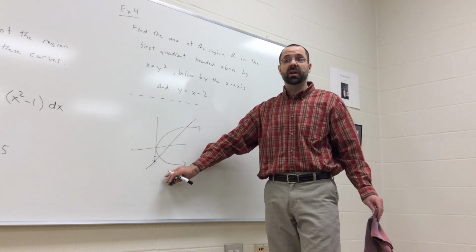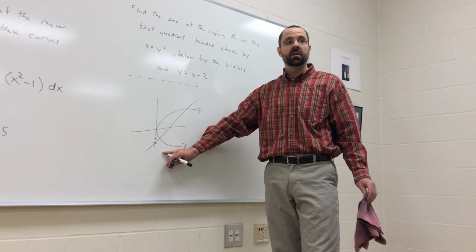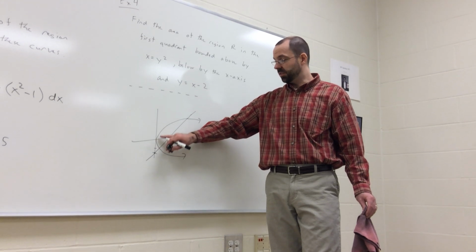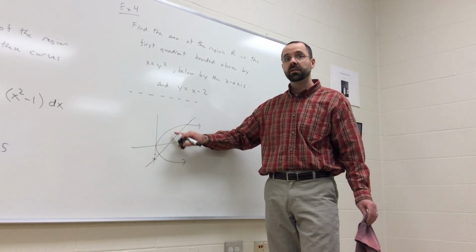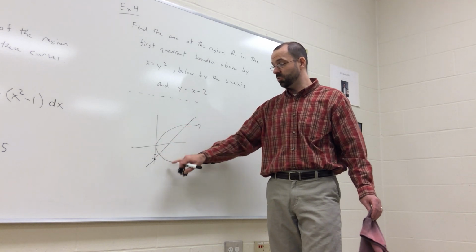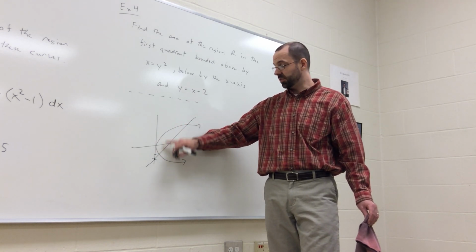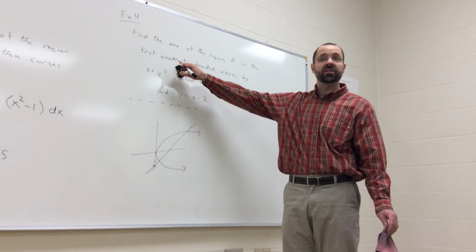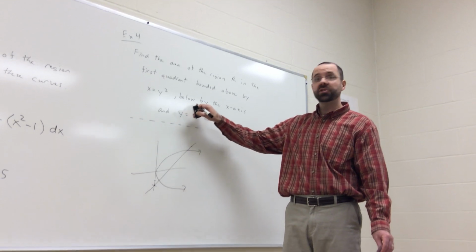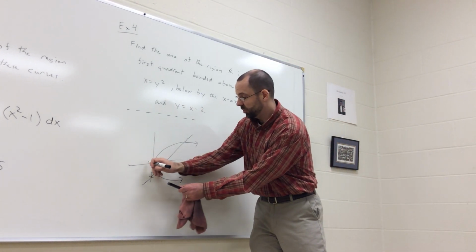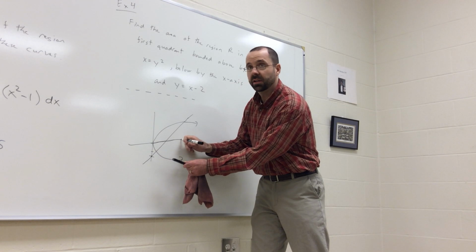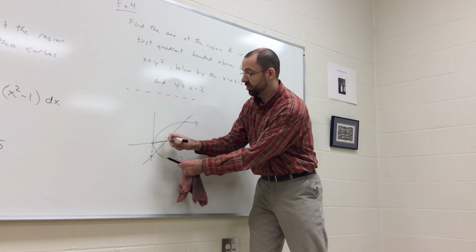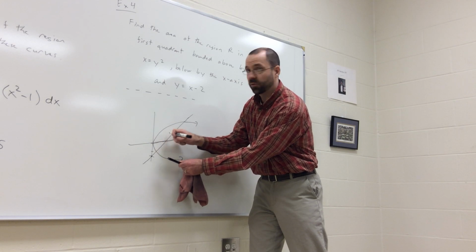So the thing that's confusing about this problem is the bounded region is this. If you just look at the two curves, the bounded region is all of that. But they're specifically saying only that in the first quadrant and also include the x-axis. So if you draw in the x-axis as well, then you get two bounded regions, right? But they're asking specifically for the one in the first quadrant.